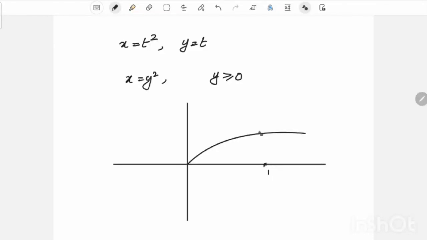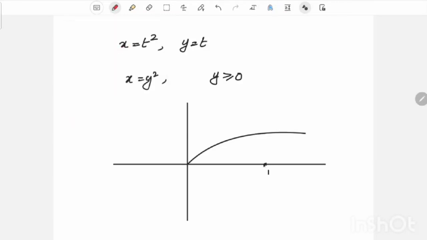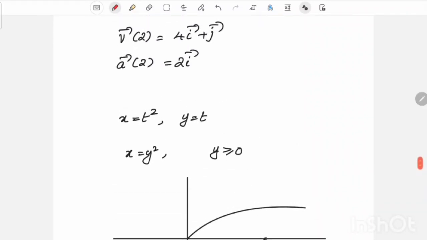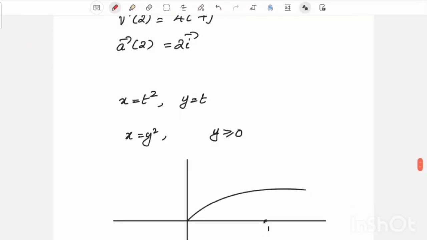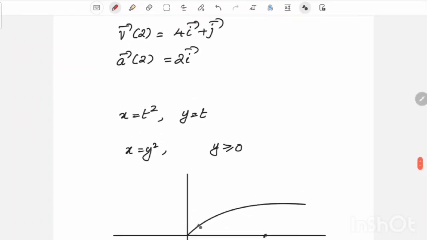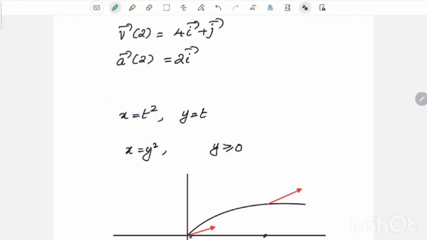And we need to plot the two vectors here. Here we have v of 2 equal to 4i plus j. So if we consider the vectors at the origin, it is of this form, so we plot that vector here. And a of t is like this.